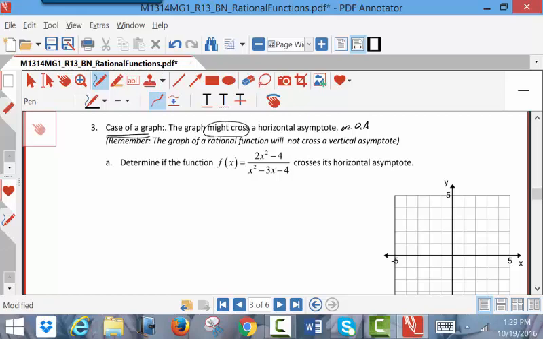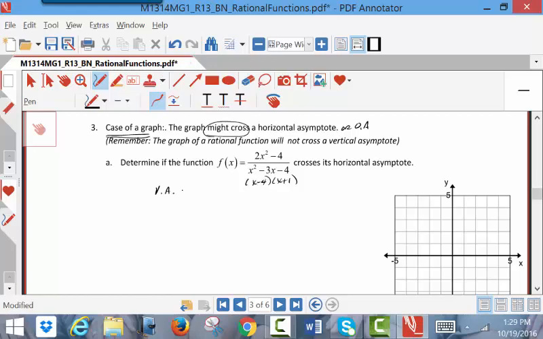let's talk about all the asymptotes. Okay? So your vertical asymptotes will occur when the denominator equals 0. So you need to factor this thing in order to come up with your vertical asymptotes. And the denominator factors into x minus 4 times x plus 1.